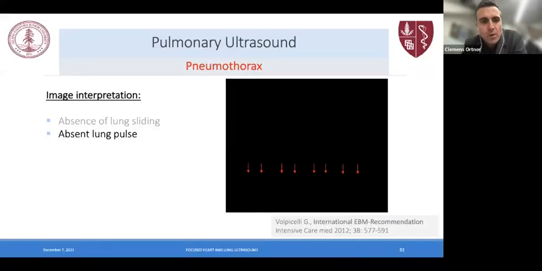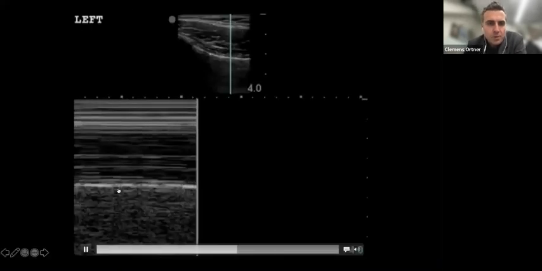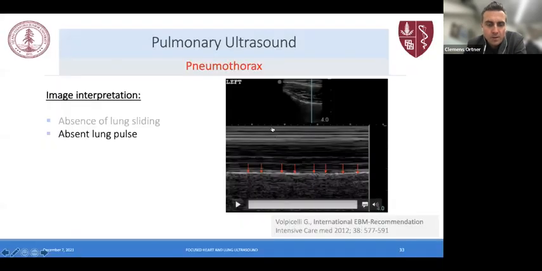in a healthy lung, you have a lung pulse. On this image, if you follow this here, this is all barcode sign, and here you see this grainy area that shows you this is healthy lung. This is called sandy beach, okay? And with every heartbeat, this vibration is transmitted to the alveoli, and you see this pulse here.